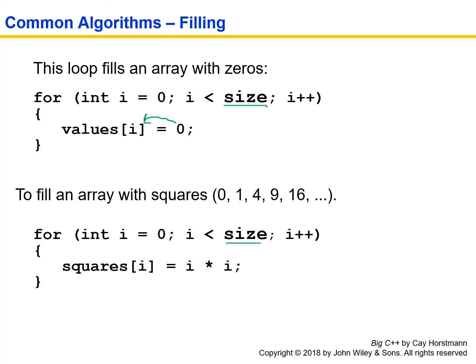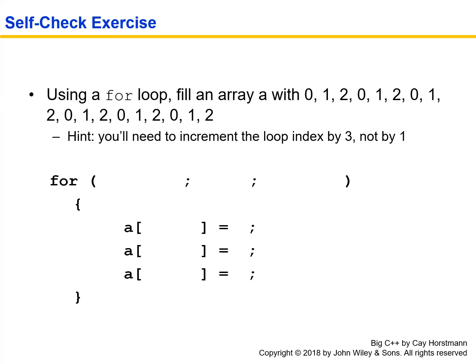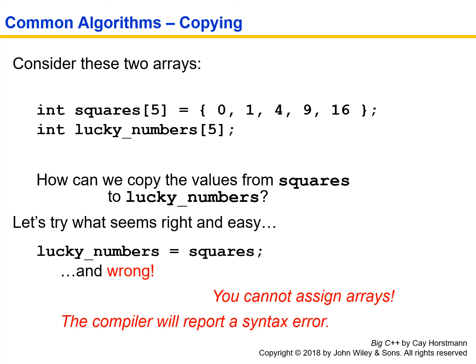You create a for loop that goes up to size, and at each run through the loop, you store i squared in squares at i. So squares at 0 would hold 0, squares at 1 would hold 1, squares at 2 would hold 4, and so forth and so on.